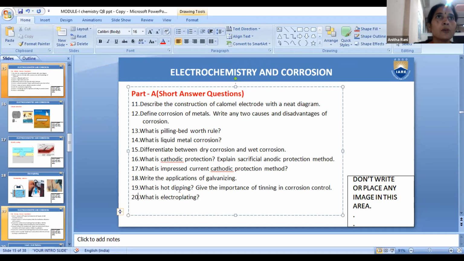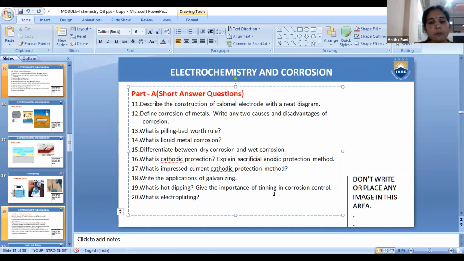The molten coating metal should have a low melting point compared to the base metal. This is compulsory so that we can protect the base metal.